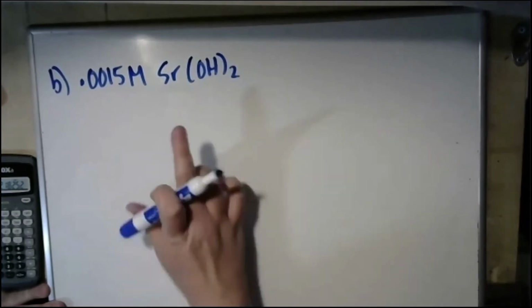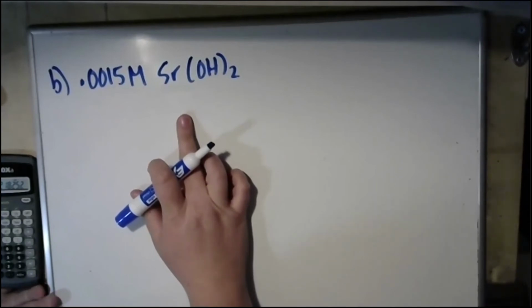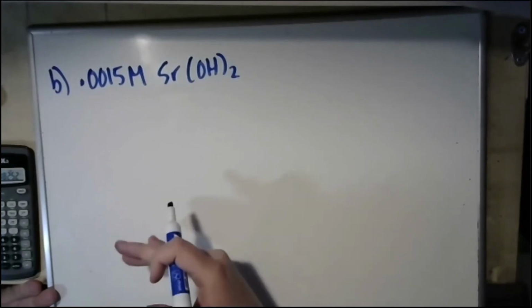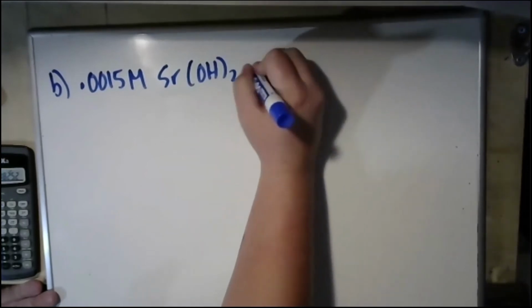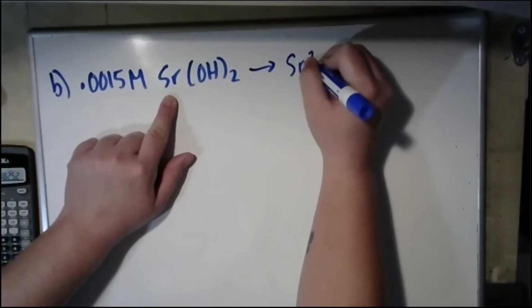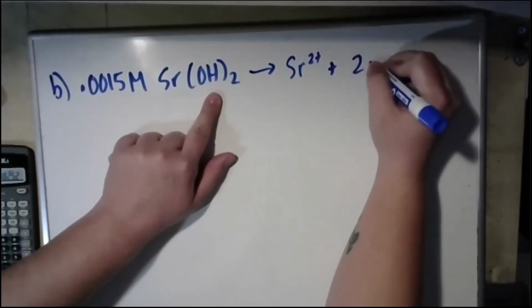This is one of the cases where if you do not look at the dissociation of the strong base and understand that we have more hydroxide ions than we had in the last solution, you're going to end up with a skewed pH value overall.